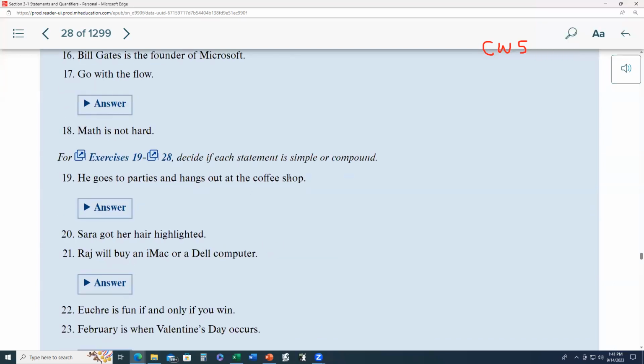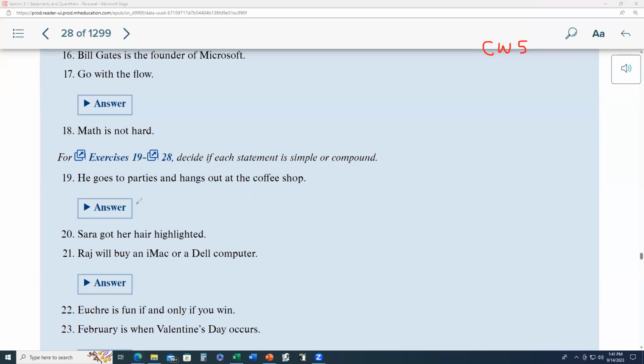18, "Math is not hard." A statement? You think that's a statement? But can that be proven true or false conclusively with every person? No. Right. Necessarily no. I would not say that's a statement. That's not a statement. 19, "He goes to parties and hangs out at the coffee shop." Now, it is a statement. They tell us it's a statement, but is it a simple or compound statement? Compound.